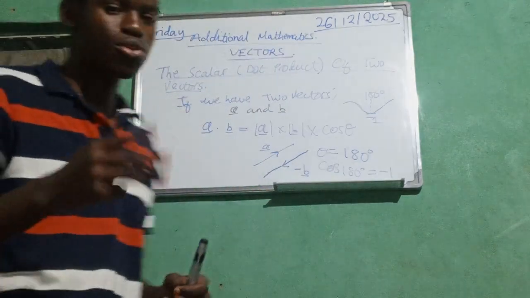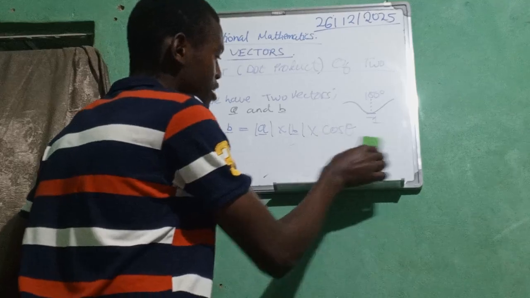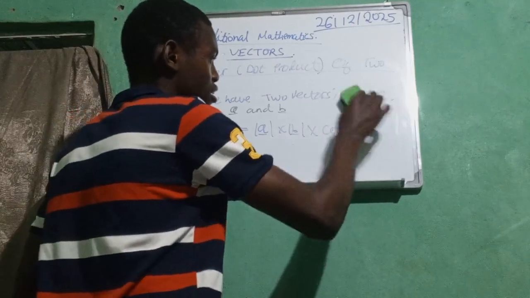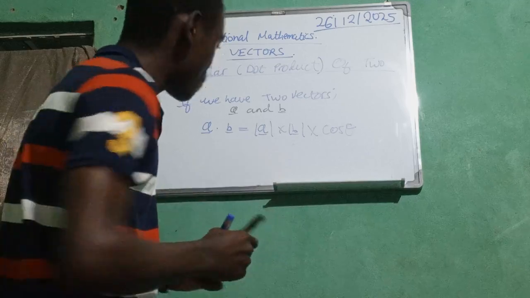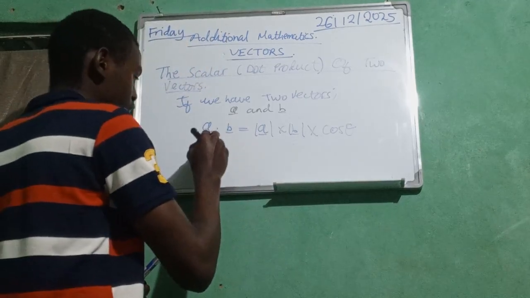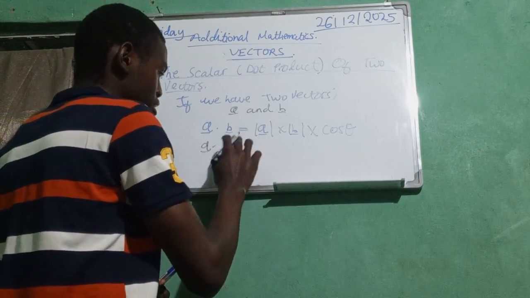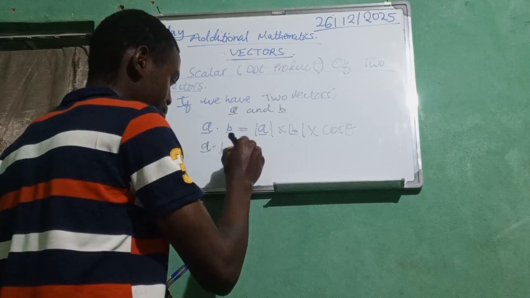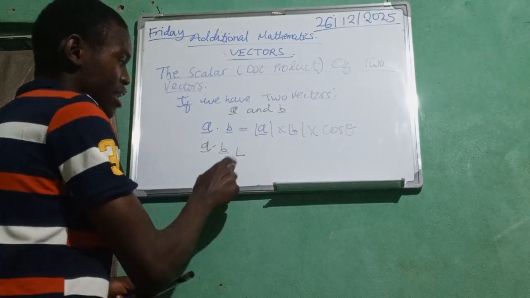Then the third thing to know is perpendicular vectors and the dot product. So if two vectors A and B are perpendicular, perpendicular means they meet at 90 degrees.